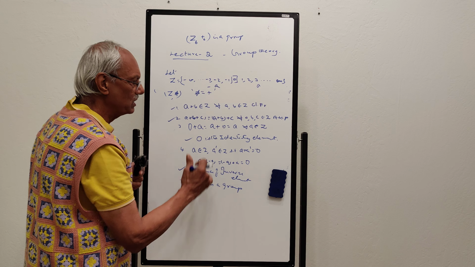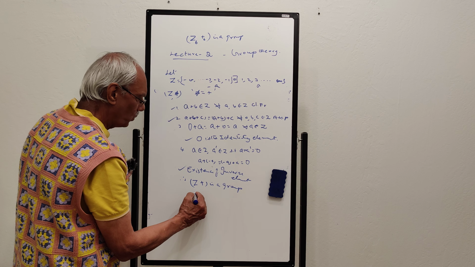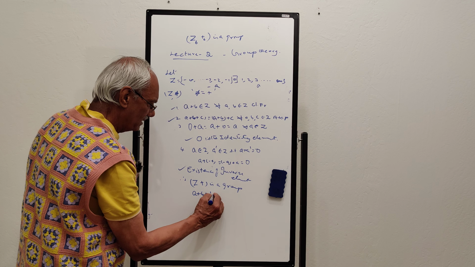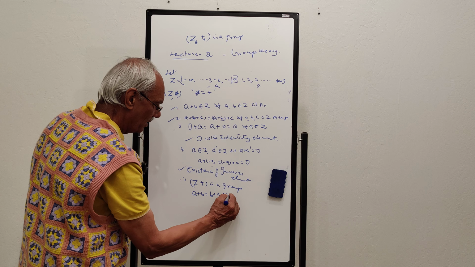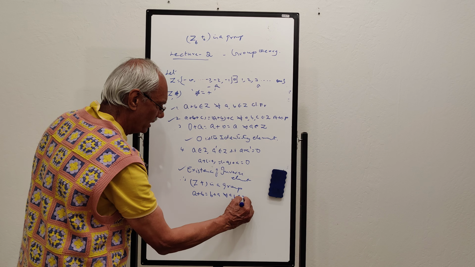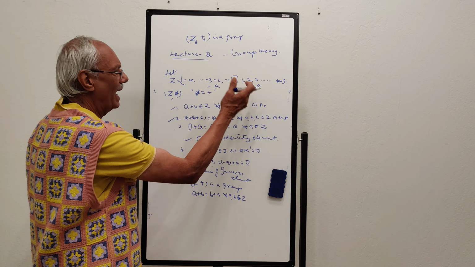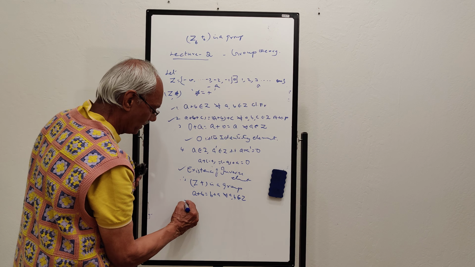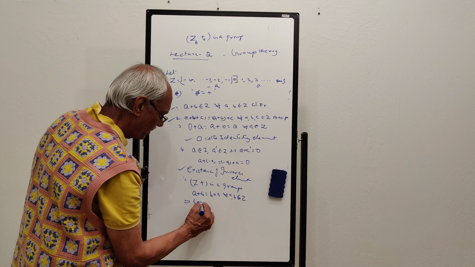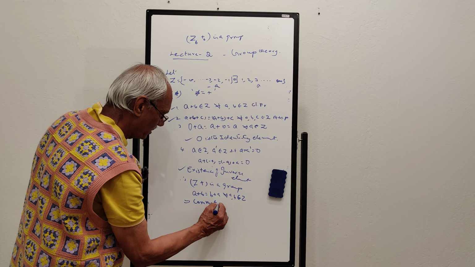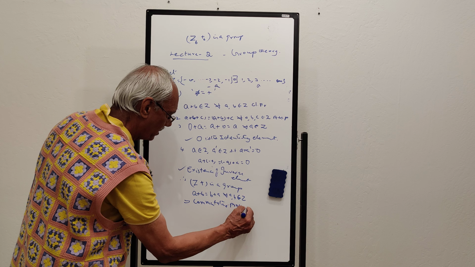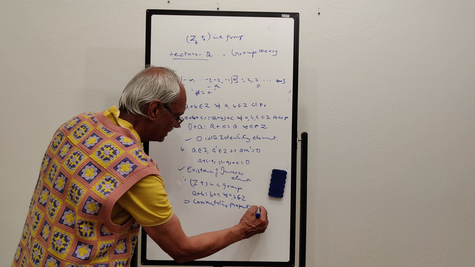And moreover, you observe one more property, that a plus b is equal to b plus a for all a, b belonging to Z. This is the commutative property. So the commutative property is satisfied.